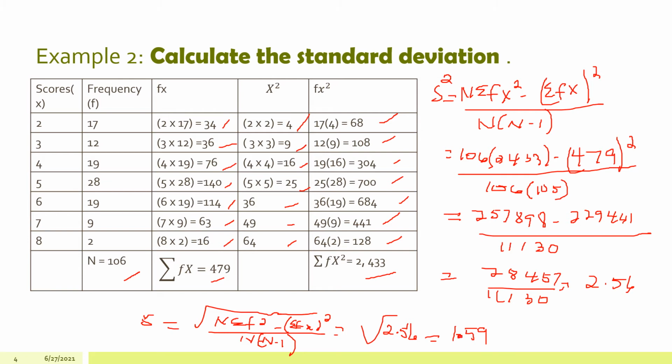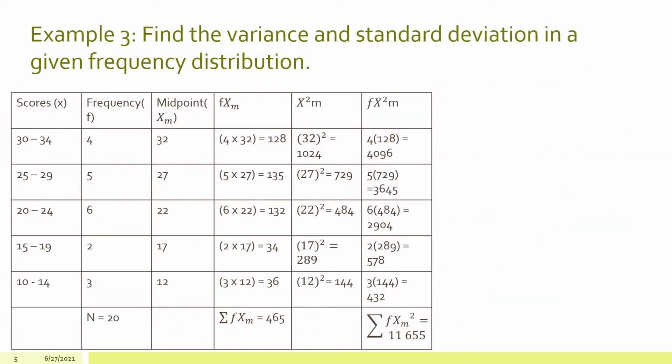Okay, next. We have another example. Find the variance and standard deviation in a given frequency distribution. This time, it is a frequency distribution with class intervals, and then we have the frequency and the midpoint. You know the midpoint is 30 plus 34 divided by 2, that's 32. Or simply the middle of them. 10, 11, 12, 13, 14. There are only 5, so the middle is 12.